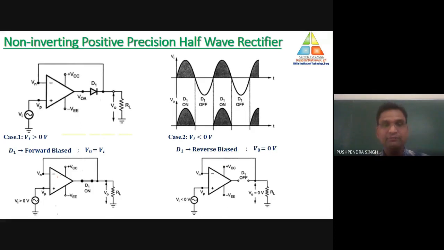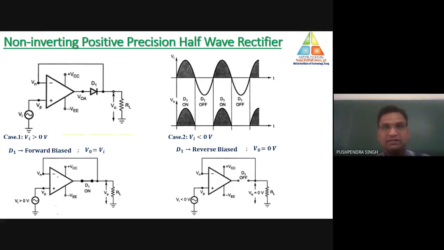As we know, the op-amp has two input terminals. Either by applying the signal at the non-inverting terminal, or by supplying the signal to the inverting terminal, we can design the rectifier circuit. That's why this operation is divided into two categories.